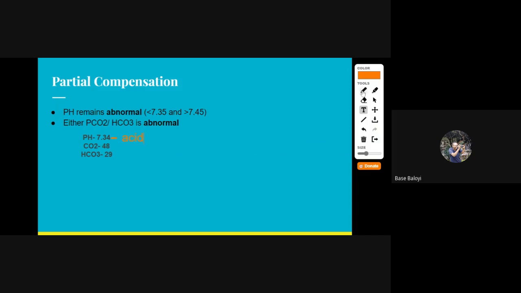And then we go to our next one, which is carbon dioxide. Like I stated, the normal value for your carbon dioxide is between 35 to 45. If it's greater than 45, it's acidotic. Hence, for the carbon dioxide, we are going to say that it's acid as well. We come to the bicarb.